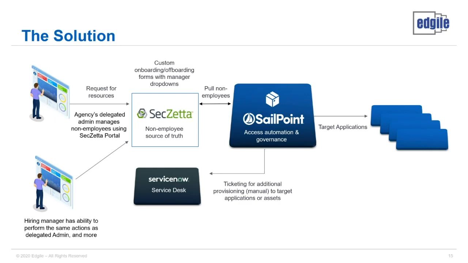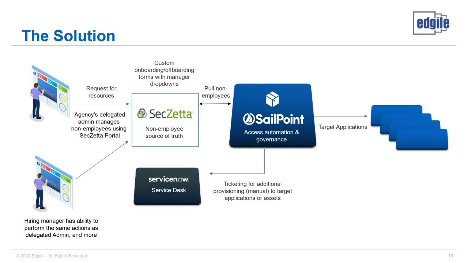And as we've already talked about a little bit, right, we then have that repository of information, so SailPoint, and all the IGA processes and the access automation, all the governance, everything that they're doing, SailPoint can pull that non-employee information in to drive those processes in the right way and be very well informed about the non-employees.